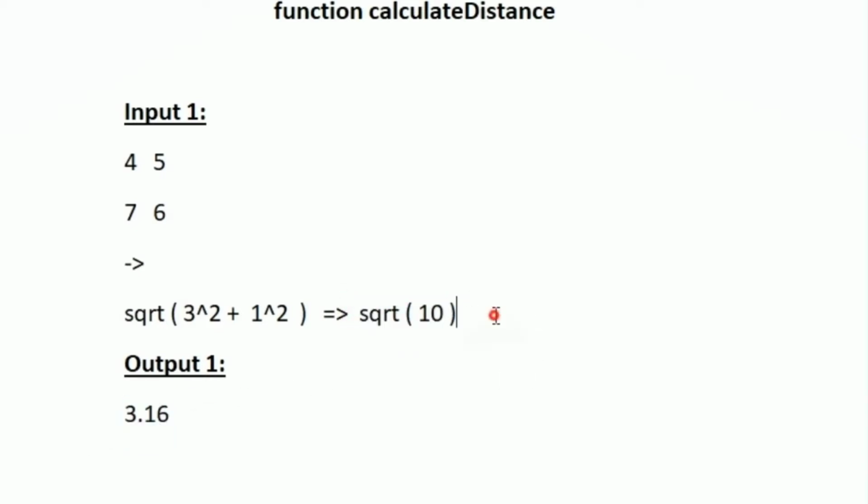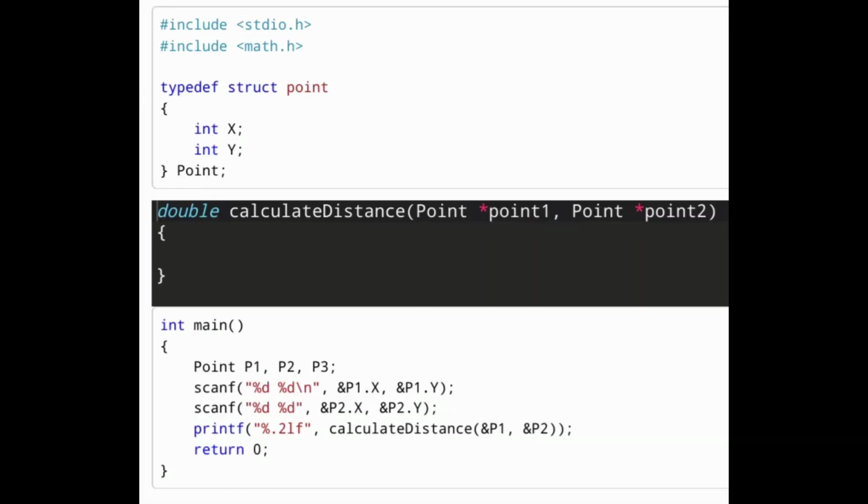In our output, we are printing the distance up to 2 decimal places. Now let us see how we will be defining the function named calculateDistance. First we are creating a structure named point, and this structure has two integer variables, an integer x and an integer y. Then in the main function we are creating three variables for the structure point: p1, p2 and p3.